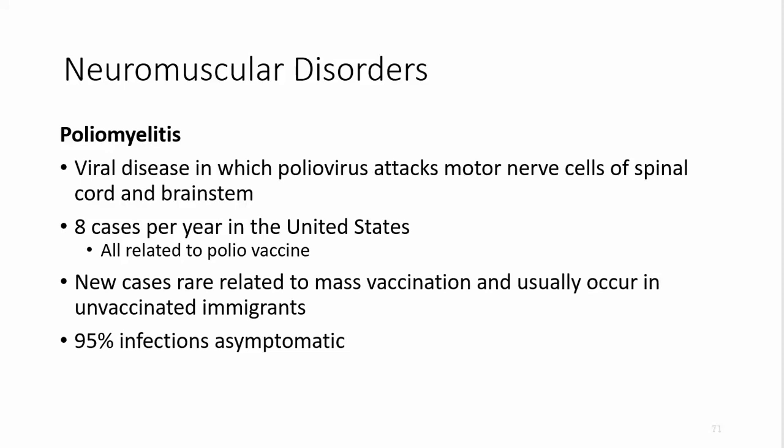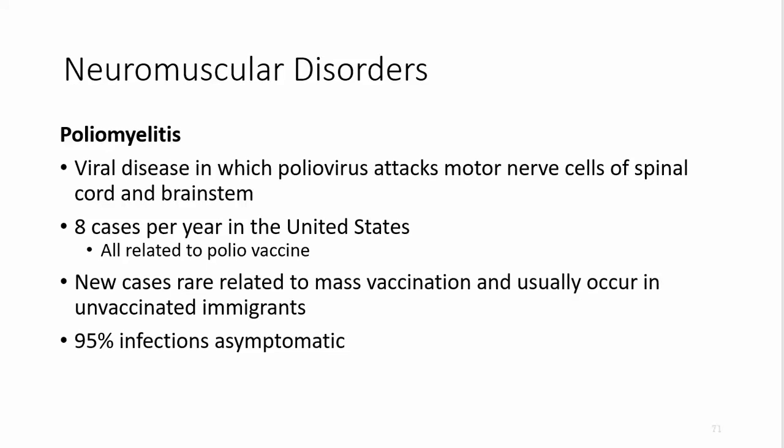So there's about 8 to 10 cases a year in North America, and they're all related to a susceptibility to the polio vaccine itself. There are virtually no cases in North America of people getting polio from the wild virus.